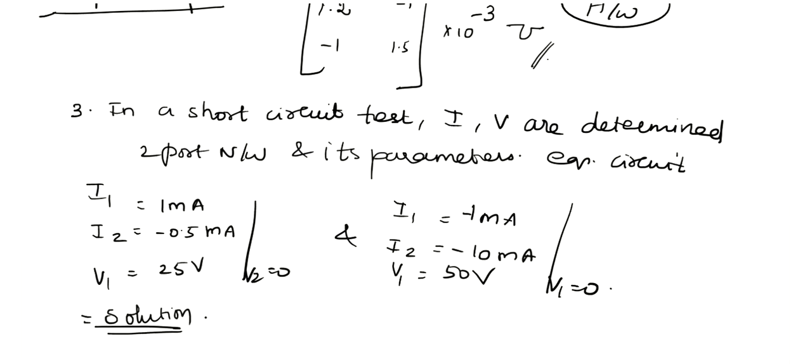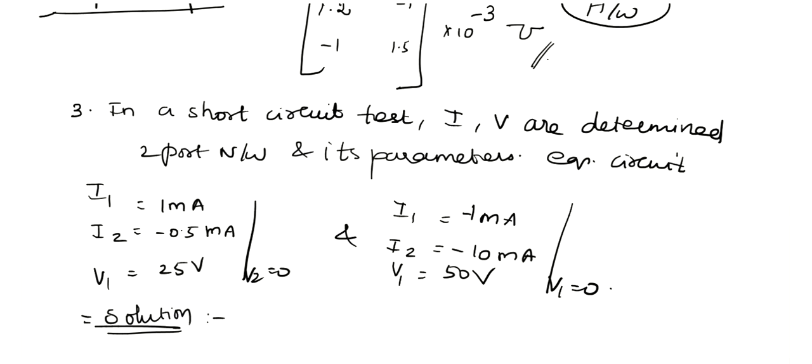So the question is that they conducted a short circuit test and got some current values and voltage values. Now you are going to find the parameters, draw the two port network, find its parameters and its equivalent circuit. Okay, let us start.